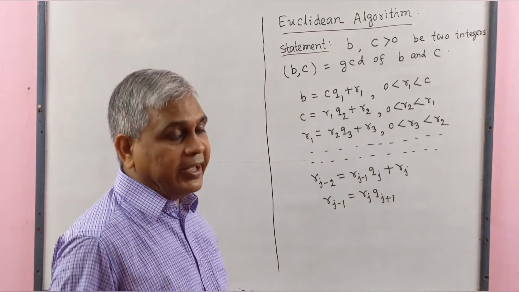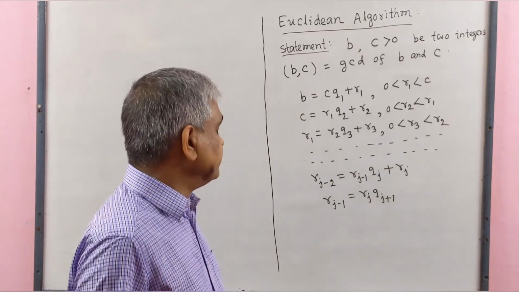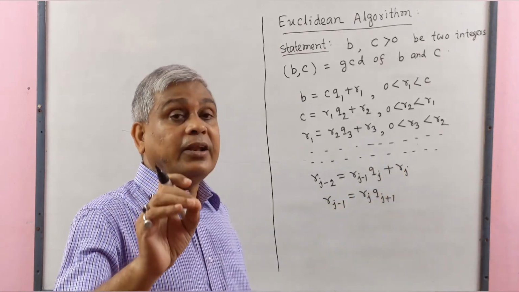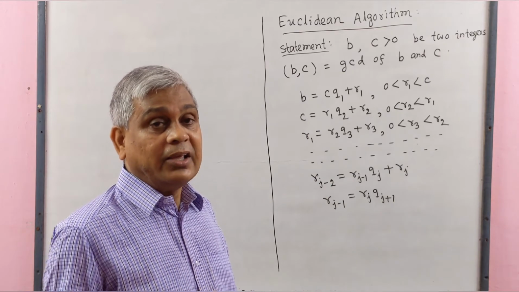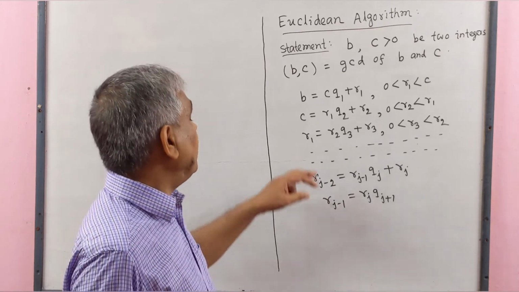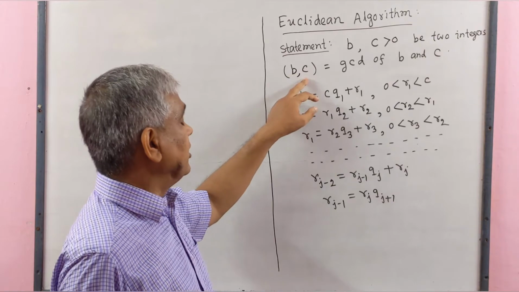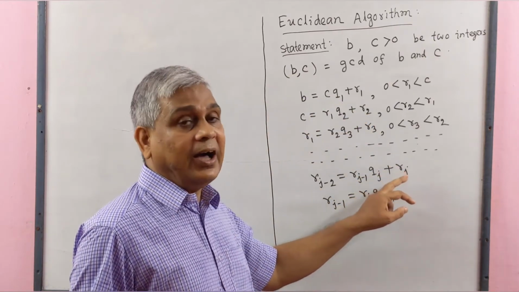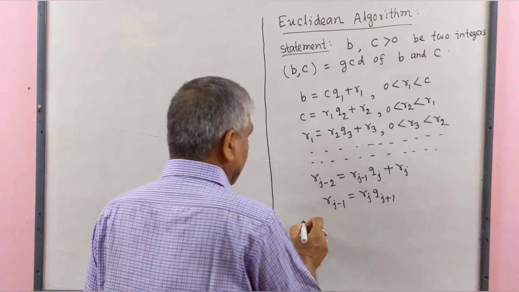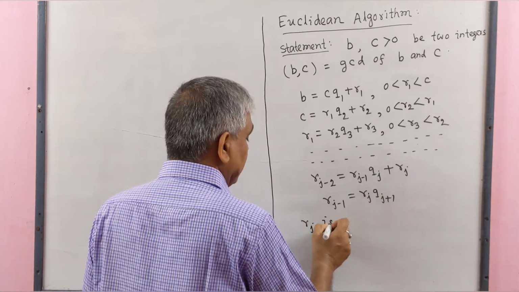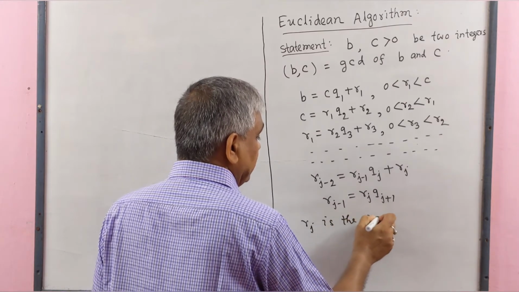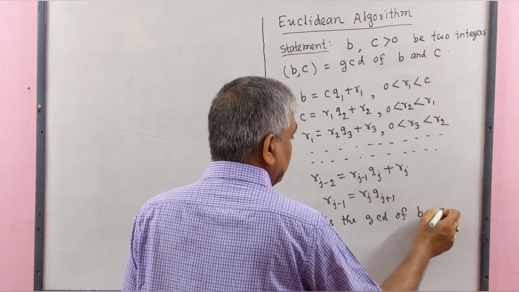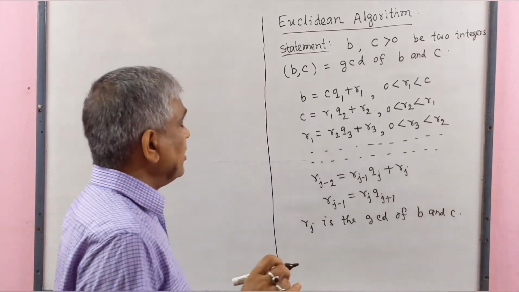According to the Euclidean algorithm, the last non-zero remainder is the GCD of integers B and C. Here the last non-zero remainder is Rj, so Rj is the GCD of B and C.